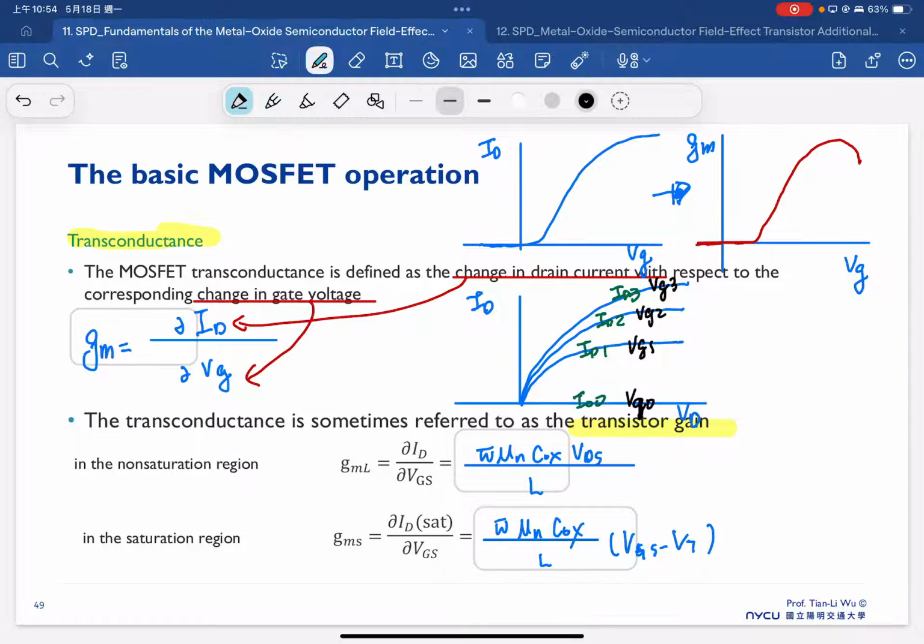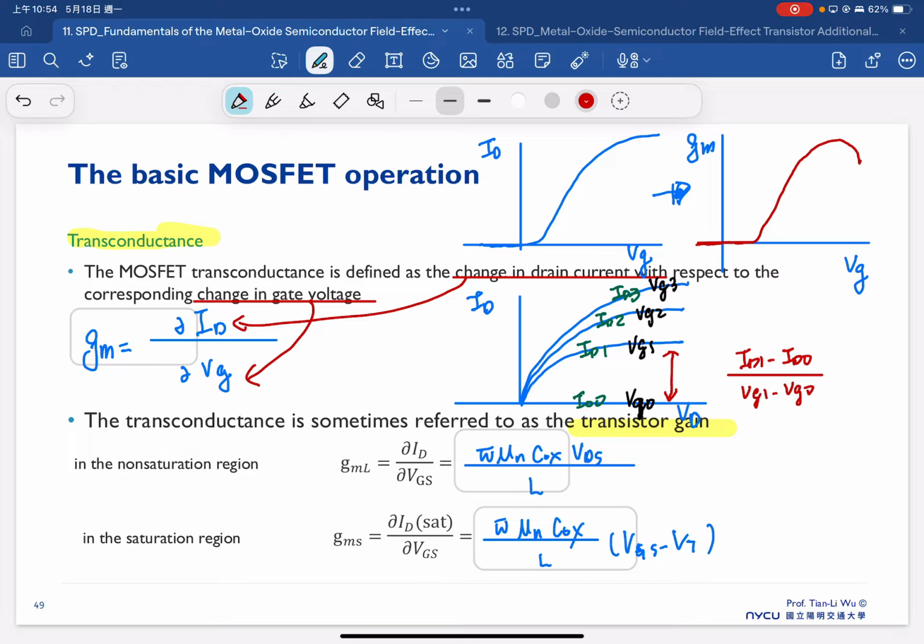But now think again, the definition of transconductance is the change of the drain current versus the change of the gate voltage. Therefore, if you estimate the difference, ID1 minus ID0 over VG1 minus VG0, what does this calculation tell us?